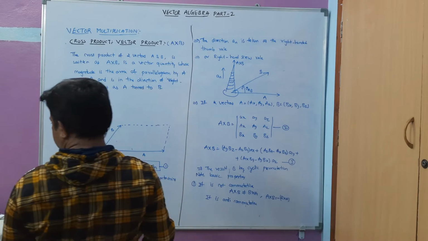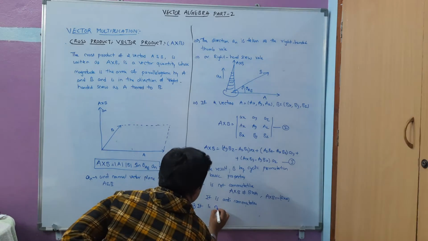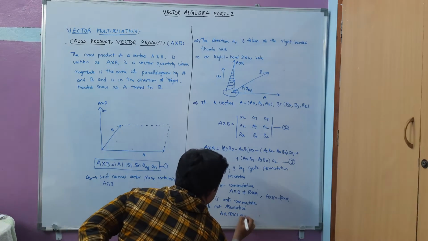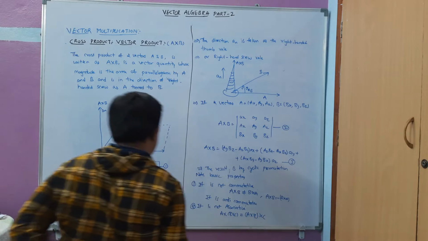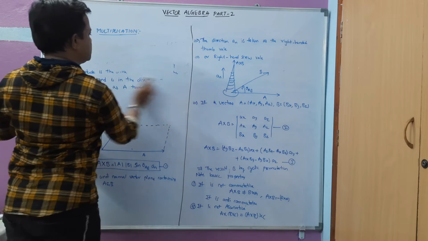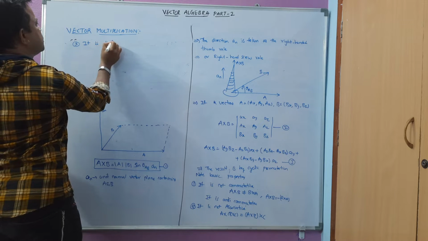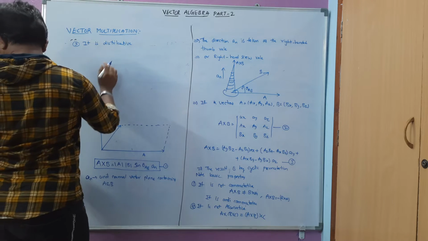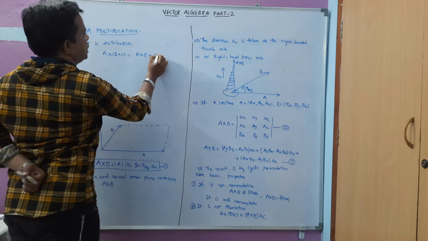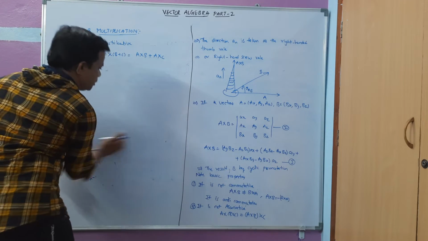Next similarly it is not associative. A cross B is not equal to A cross B cross C. Similarly we have another one, the third one: it is distributive, that is A cross B plus C is equal to A cross B plus A cross C. And finally, the cross product of two same vectors will give me the zero result here.